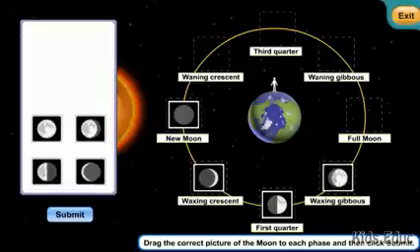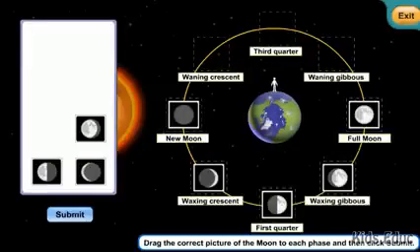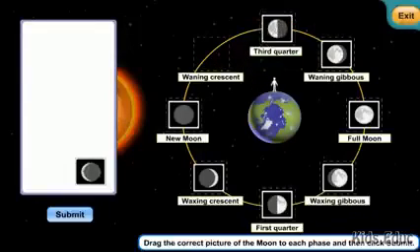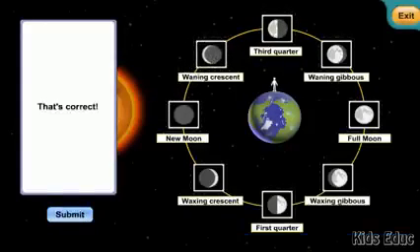Waxing gibbous. Full moon. Waning gibbous. Third quarter. Waning crescent. That's correct.